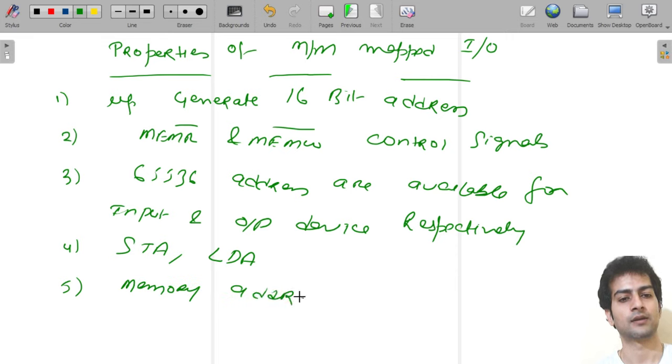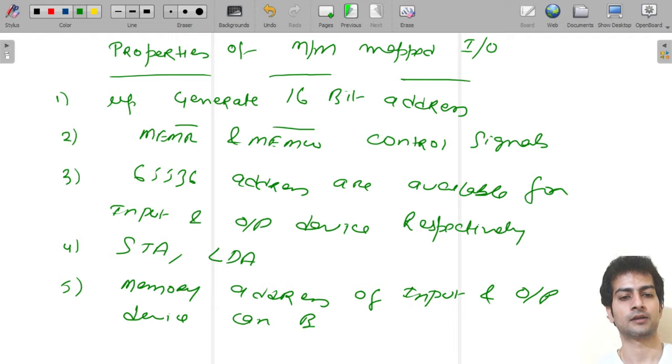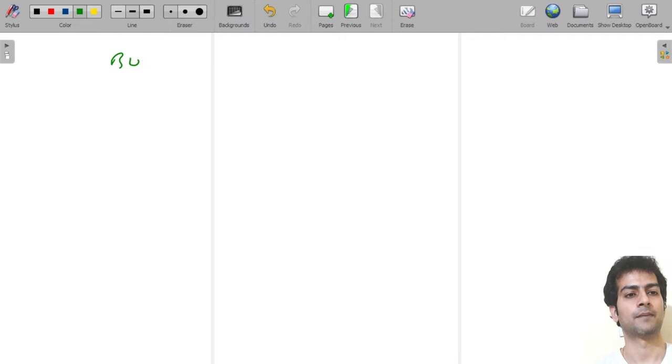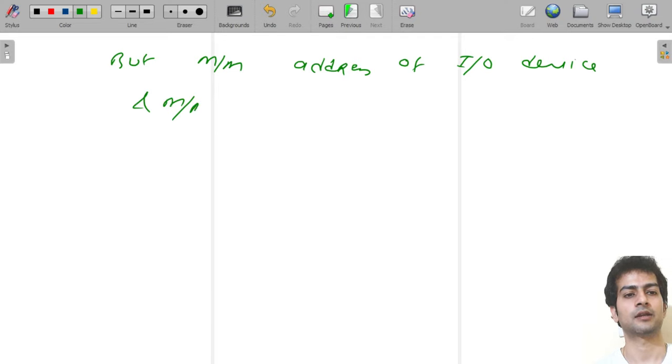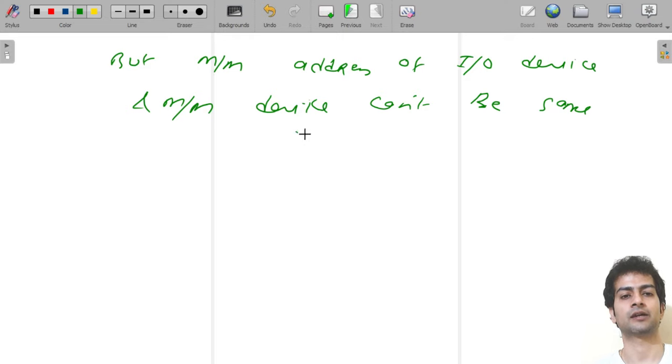memory address of input and output device can be same, but memory address of input output device and memory device can't be same, because then we cannot differentiate that which one will get activated.